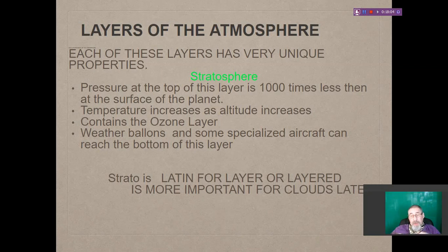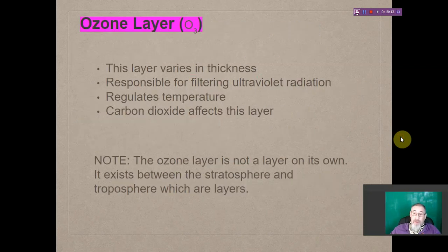And we start to enter another part that's not really a layer, but it's called a layer. And that is the ozone layer. Ozone is marked by O with a subscript 3, the little 3 hanging at the bottom of the O. This layer varies in thickness.